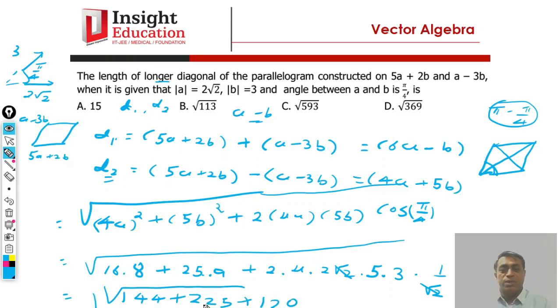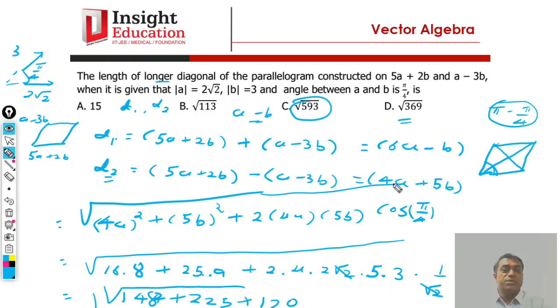So 128 plus 225 plus 120, so the final figure should be 473. So the answer should be under root 473.